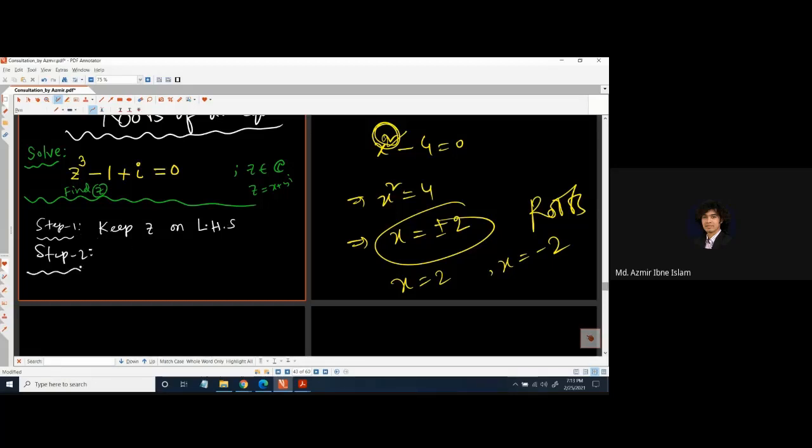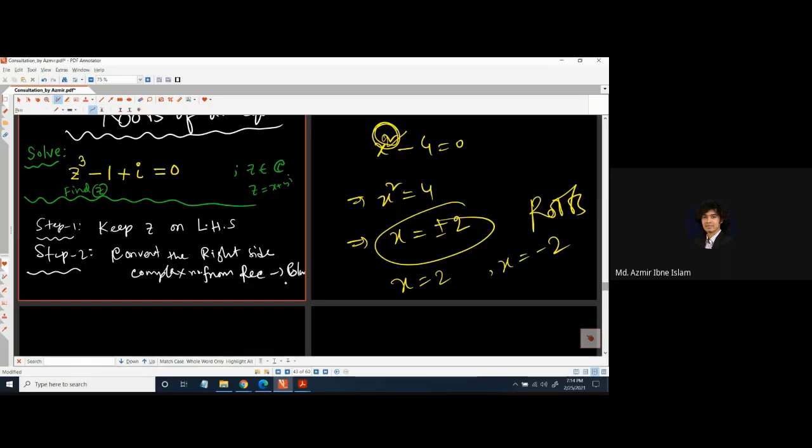Step 2: on the right side you will have one complex number. So convert the right side complex number from rectangular to polar.